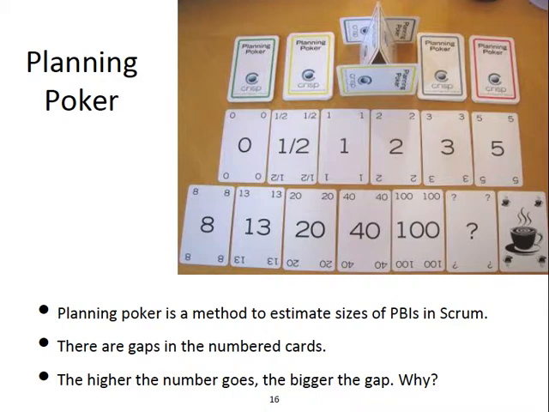Next, perhaps they should discuss. The person who gave a very low estimate should explain why it doesn't take very long. And also, someone who gave the very high number should explain why they think it will take that long. So from this discussion, the team will probably have a better understanding of the problem.